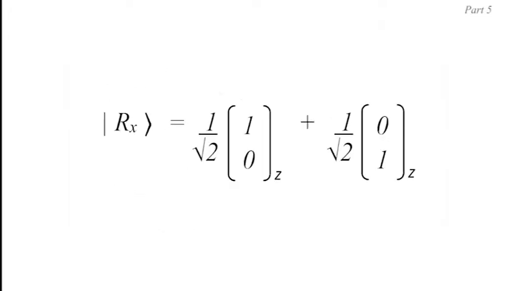This is the state vector for an electron spin definitely pointing in the positive x direction, in other words to the right. It's 1 over root 2 fraction of the up state plus 1 over root 2 fraction of the down state. In a naive sense, this particular state vector seems to be represented by 1 over root 2 amount of upness and 1 over root 2 amount of downness in the z direction.